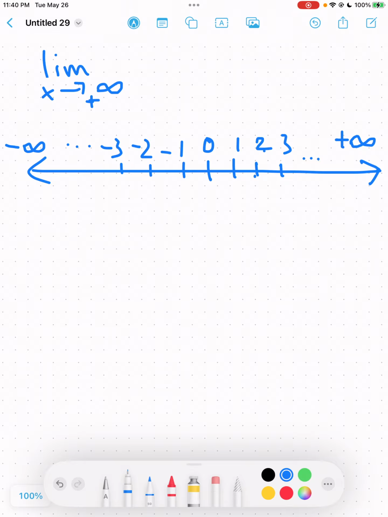And we have a polynomial in the numerator and the denominator.